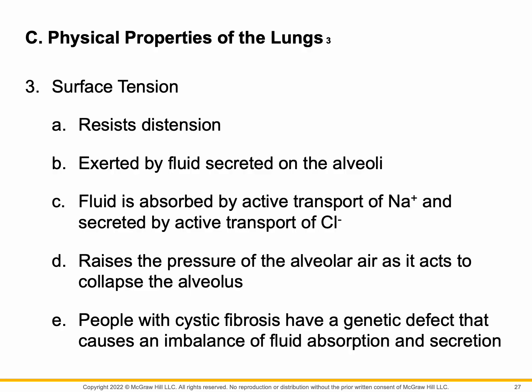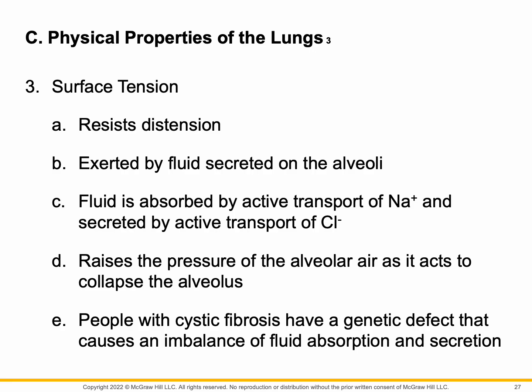Surface tension is another physical property of the lungs which resists distension and makes it harder for the alveoli to distend, to expand. It raises the pressure of the alveolar air as it acts to collapse the alveolus.